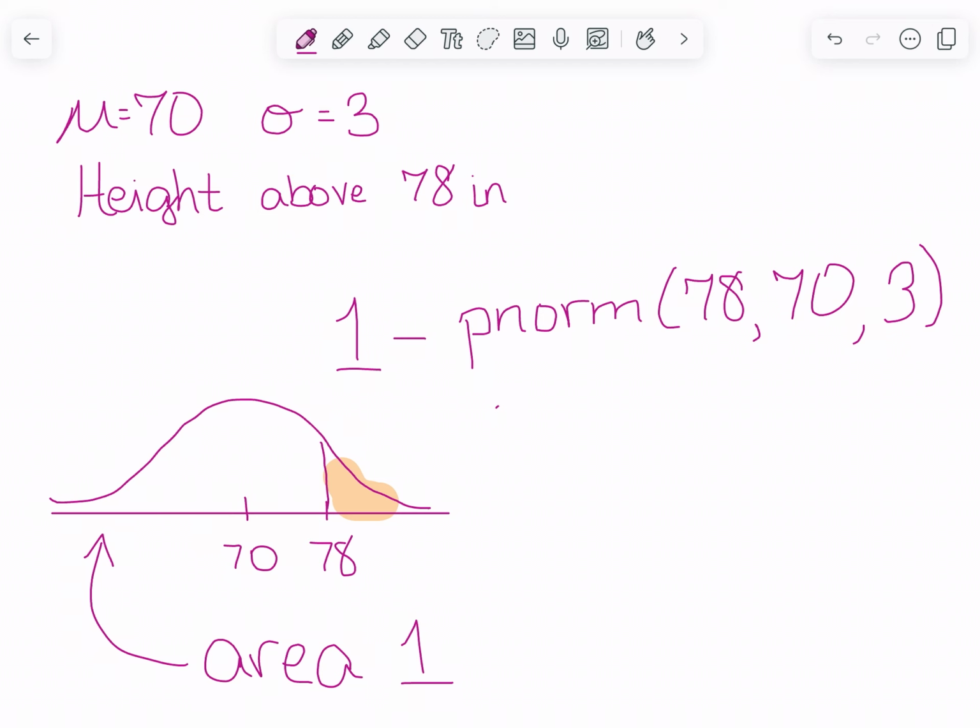So I took the whole area of the curve and I removed my unshaded piece. If I type this into RStudio, I get the value 0.00383. So this is the probability that a randomly selected male will be taller than 78 inches.